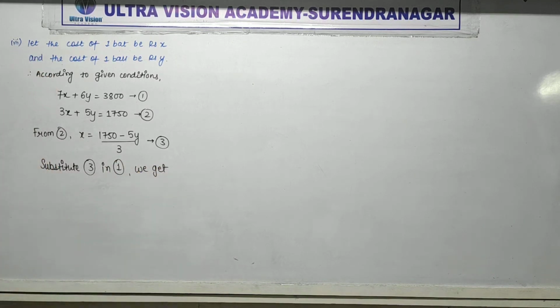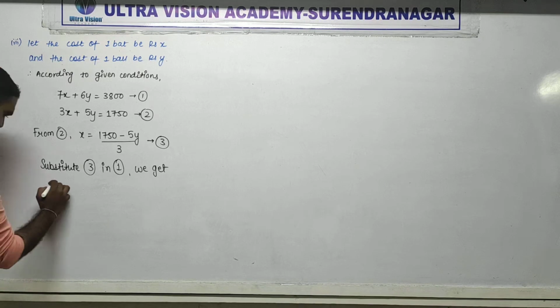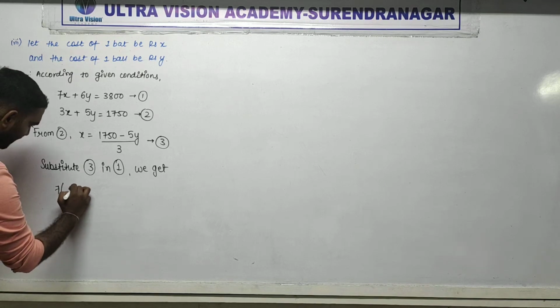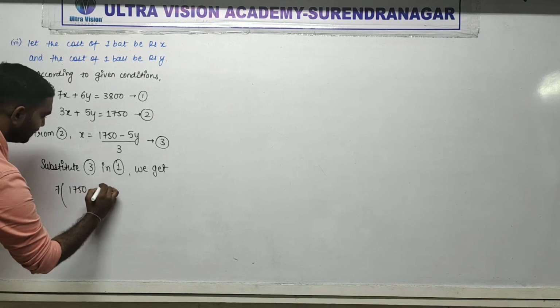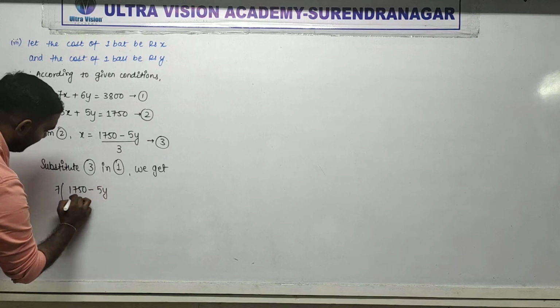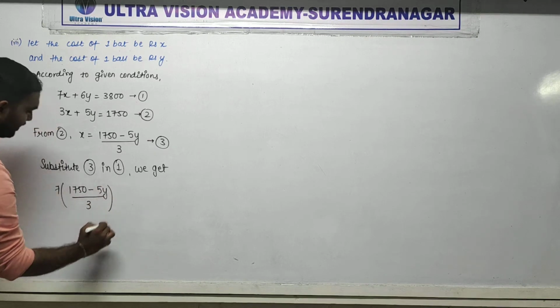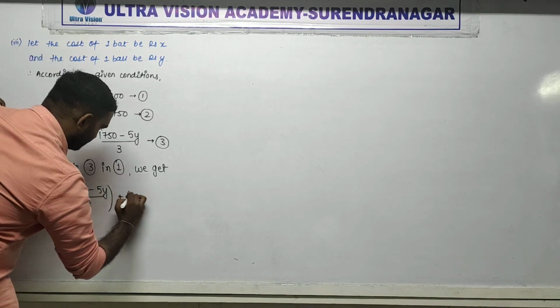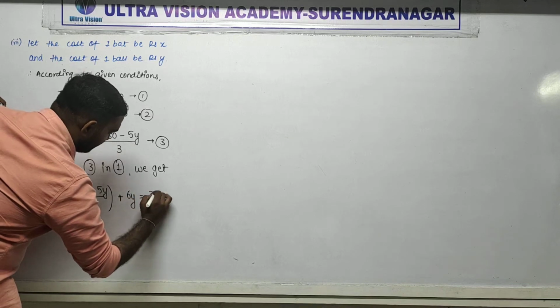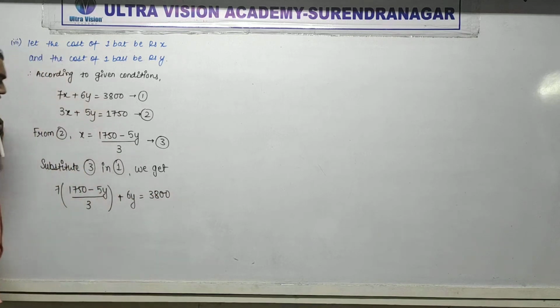Where shall we substitute this? Here in the first. So 7 multiplied by (1750 minus 5y) upon 3 plus 6y equals 3800. What shall we do in the first place? Multiply the 7 inside.